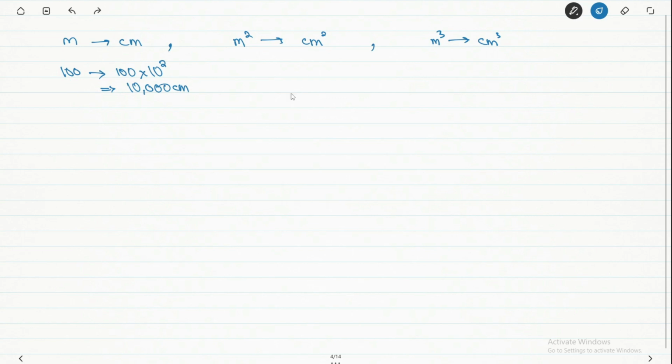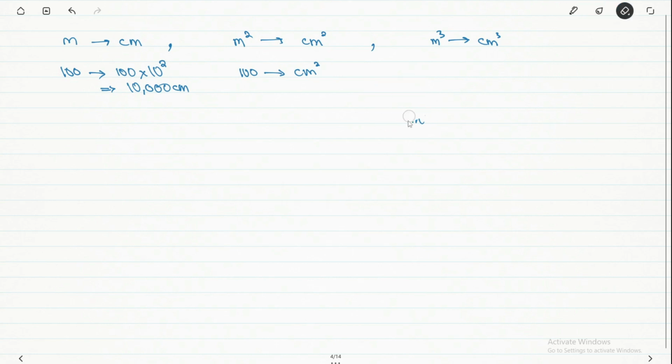Now, moving on, meter square. The way we deal with this is, for example, a reading of 100 meter square into cm square. For example, the area of this rectangle is 100 meter square, but now you need to tell it in centimeter square.